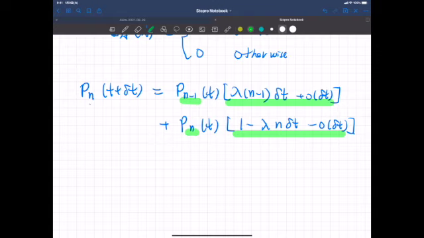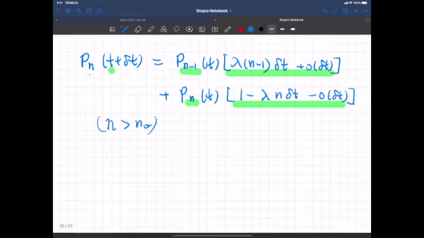So that is the state of the system at time t plus delta t, and there are no other cases. So let's consider this one. This is for n greater than n0.